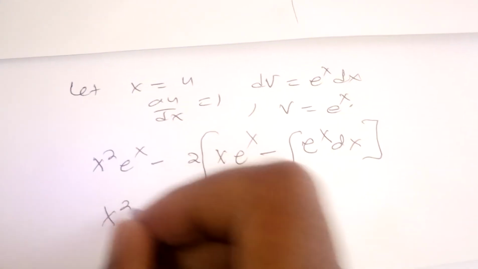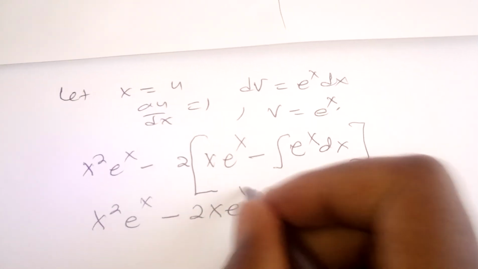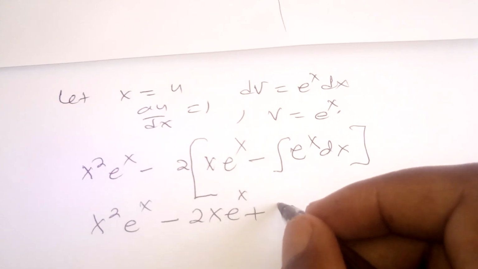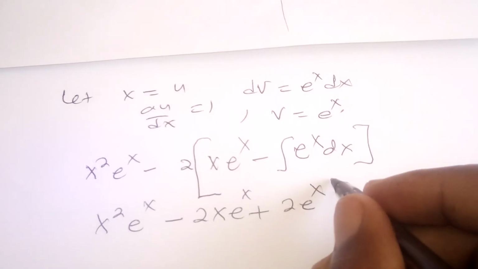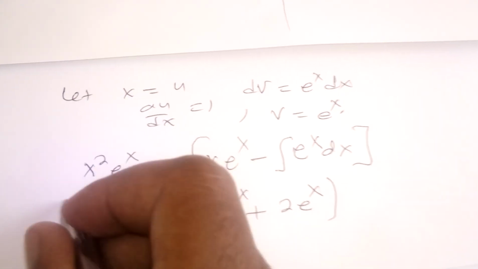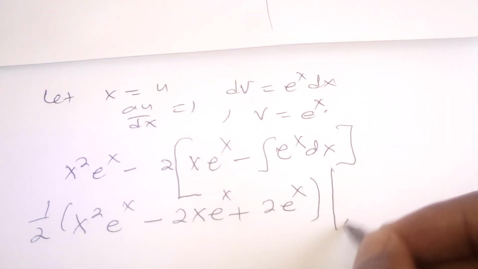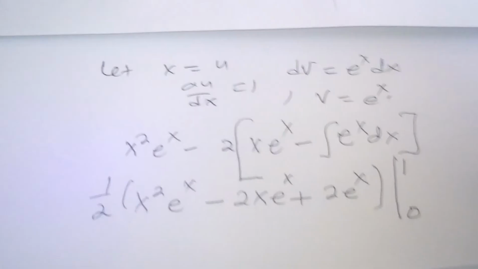So we have x squared e to power x minus 2x e to power x. The integral of this is just e to power x, so we have e to power x. Then we can put our half in front there, with the limits of integration from 0 to 1. All right, we're almost done.